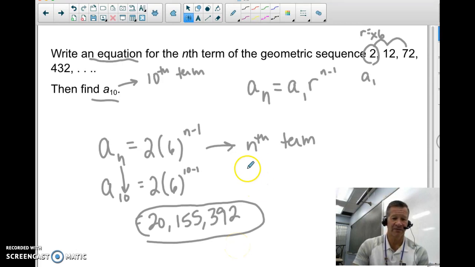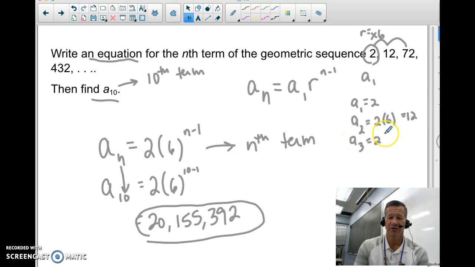One more thing I wanted to mention. Why n minus 1? Well, the first term was just 2, correct? The second term, you're basically taking 2 and multiplying it by 6 to get 12, right? Then the third term, if you start with 2, you multiply by 6 2 times to get 72.